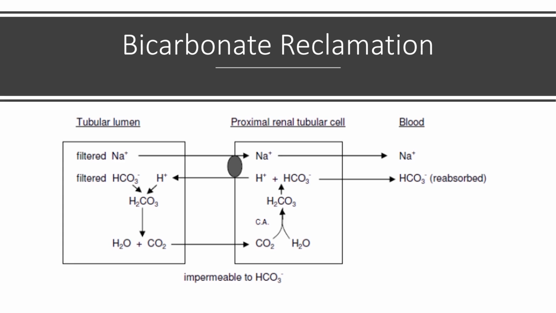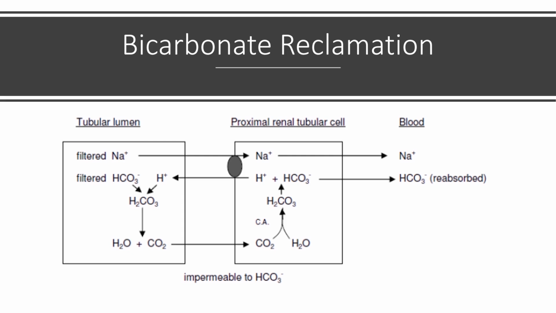I will say that again: every time there is glomerular filtration of blood, every ion of bicarbonate that is filtered through the glomerular basement membrane is reabsorbed back into the body, and the process by which that occurs is bicarbonate reclamation.